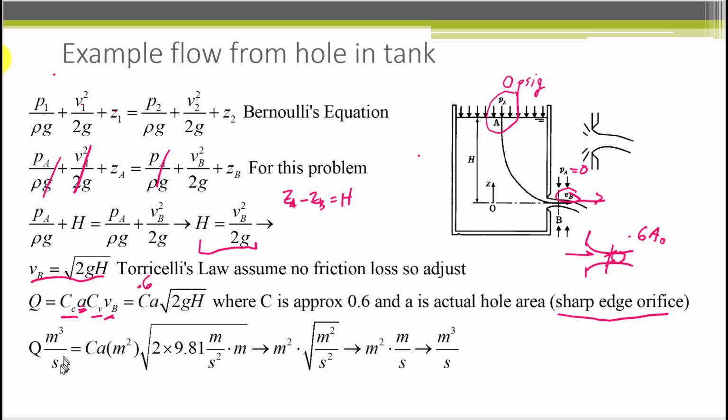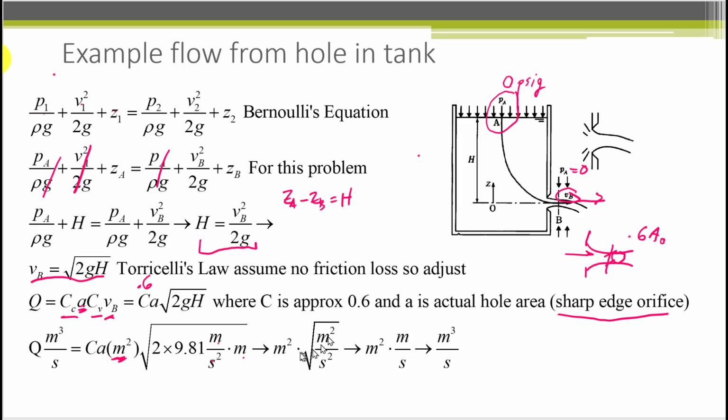So let's look at the units. Q, we want in meters cubed per second. We have C, which is dimensionless. A is going to be in meters squared because it's an area. We have the square root of 2 times the gravitational constant, that's meters per second squared, times H, which is in meters.